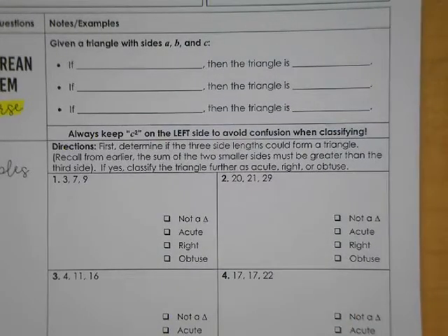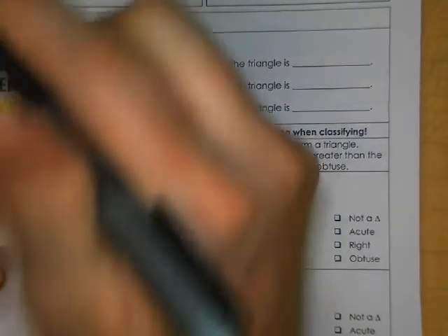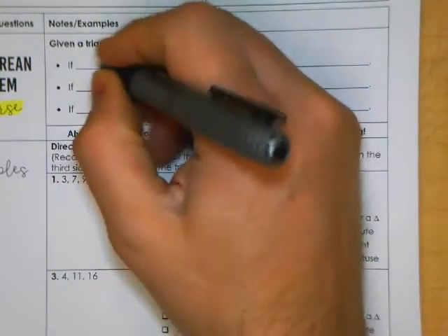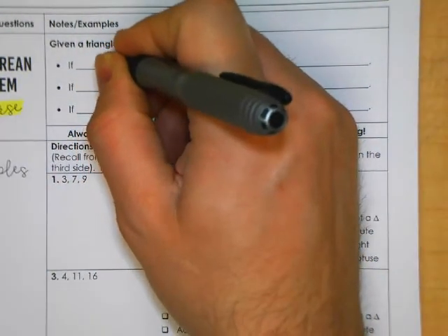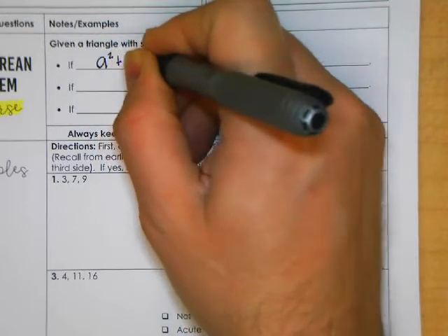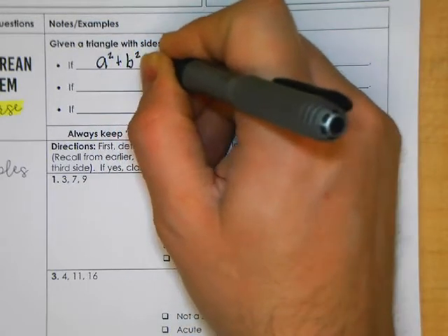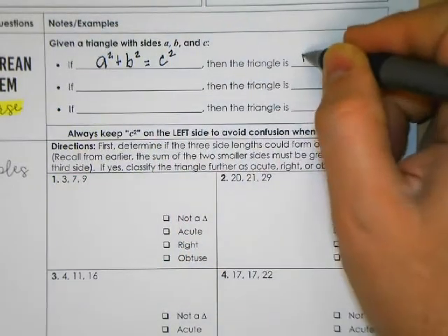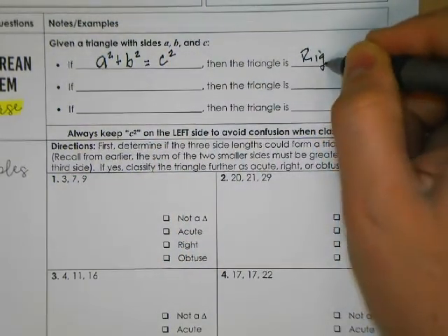So first of all, what we're going to be able to say is that the Pythagorean theorem, normally we write it as a squared plus b squared equals c squared. So I'm going to keep it that way. I'm going to say a squared plus b squared. If it was equal to c squared, that gives us a right triangle.